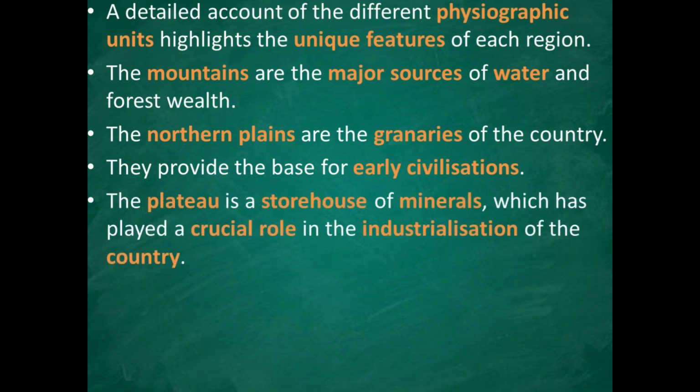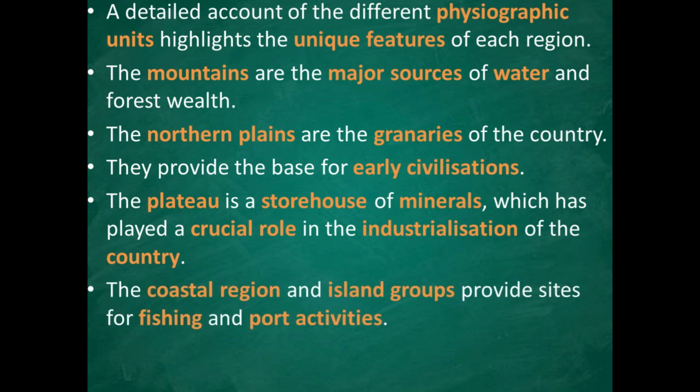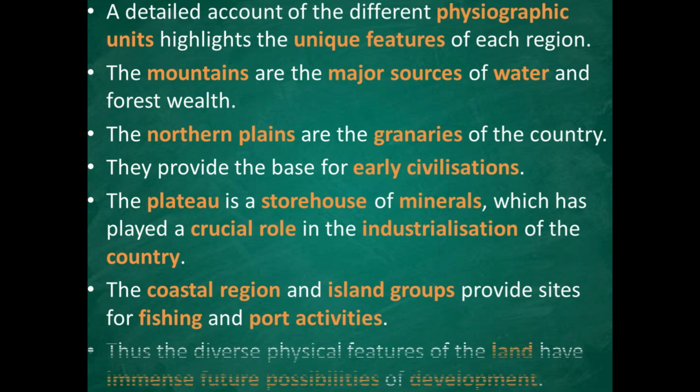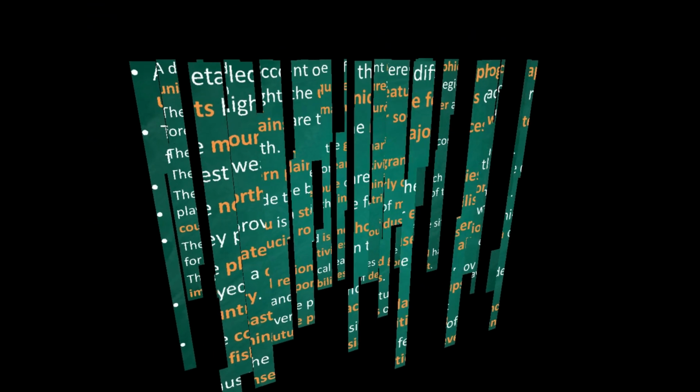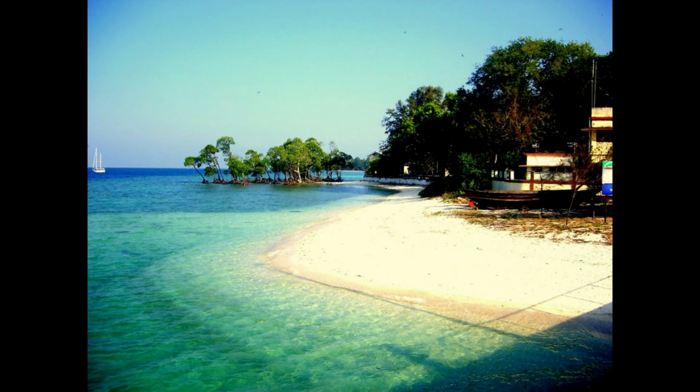The plateau is a storehouse of minerals, which has played a crucial role in the industrialization of the country. The coastal region and the island groups provide sites for fishing and port activities. Thus, the diverse physical features of this land have immense future possibilities of development. This is the picture of Nicobar.